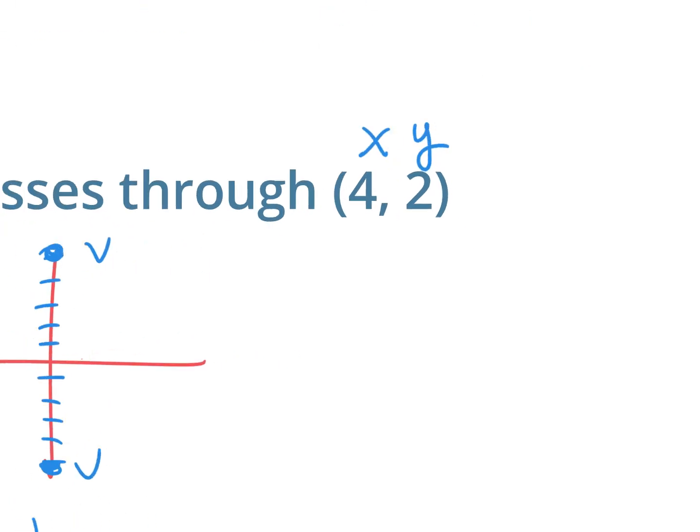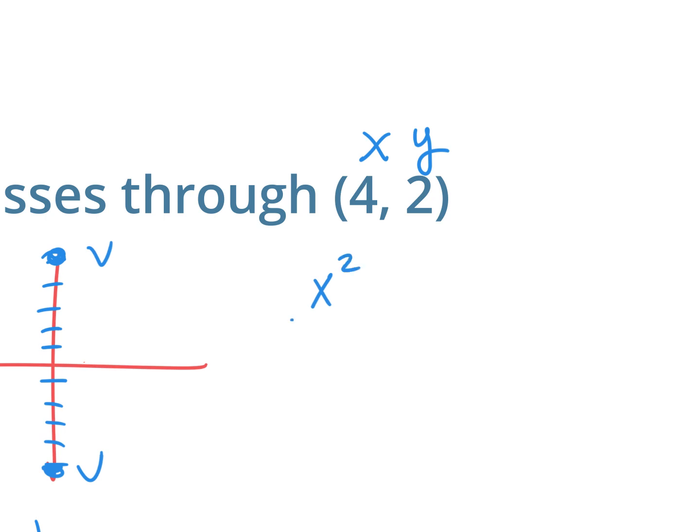If we have our original formula, x squared over, you said b squared, yes, plus y squared over a squared equals 1. What do I already know in this formula? Everything but b squared. I know an x I can plug in, I know a y I can plug in, and I know an a I can plug in, correct?